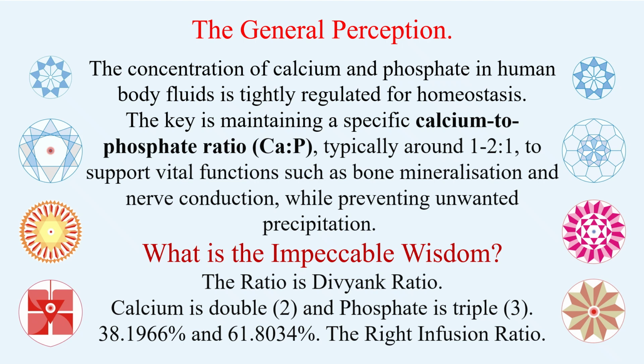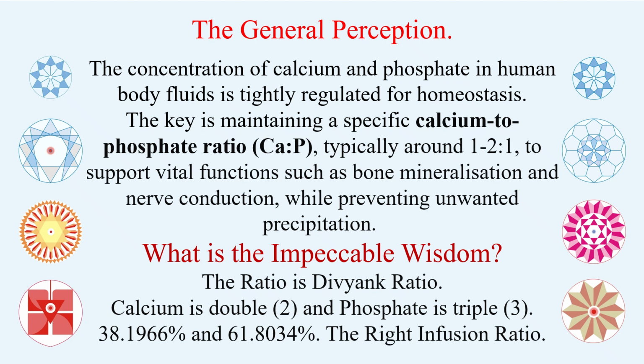As I told you, the golden ratio as 1.618 is too simple, 1.61803397 is too elaborate, and the perfect is 1.618034. Similarly, in this particular thing, it is not 1 to 2, it is not so wide, which everybody talks about. It is said to support vital functions such as bone mineralization and nerve conduction while preventing unwanted precipitation.